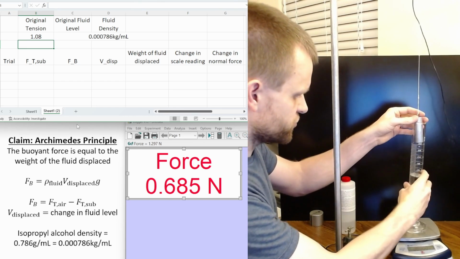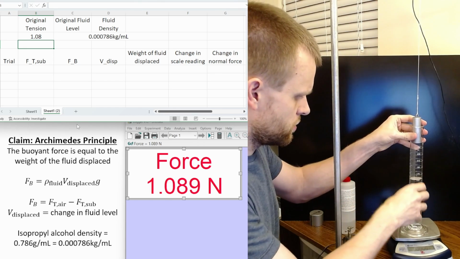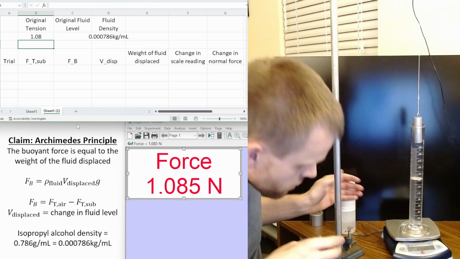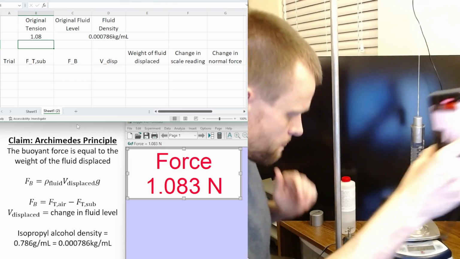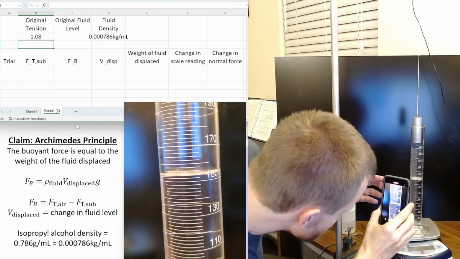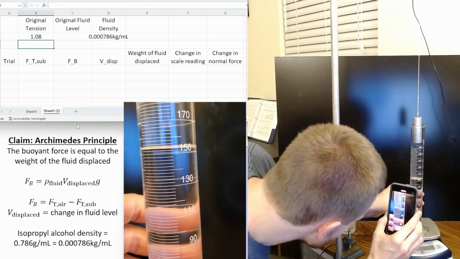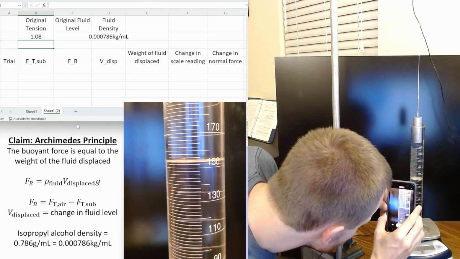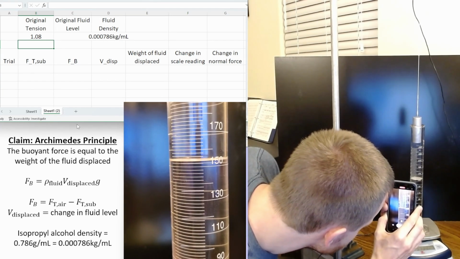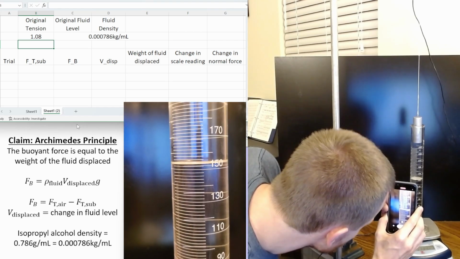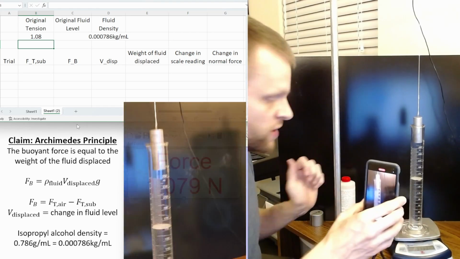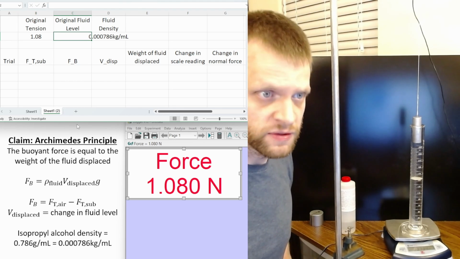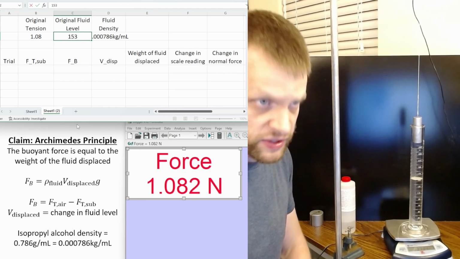And if we put this on the scale right now, we can measure that original fluid level. Bottom of that is around 153 for the bottom of that part. So let's label that as our original fluid level. So 153 milliliters.